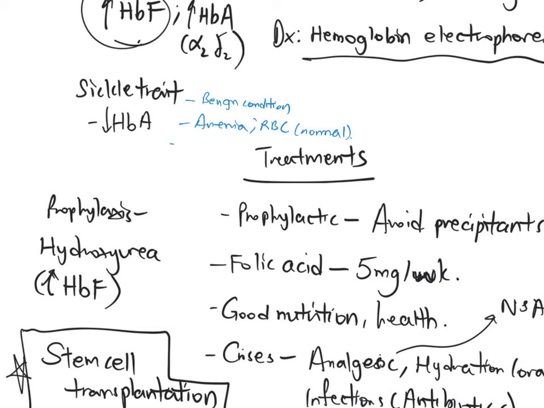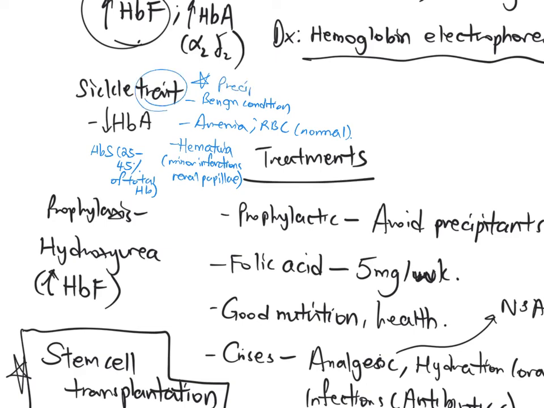So hematuria can actually occur, and it is believed to be due to small infarctions of the renal papillae, and hemoglobin S could vary from 25 to 45% of the total hemoglobin. And similar for sickle cell trait, the precipitants should be avoided as well, those that we discussed before.